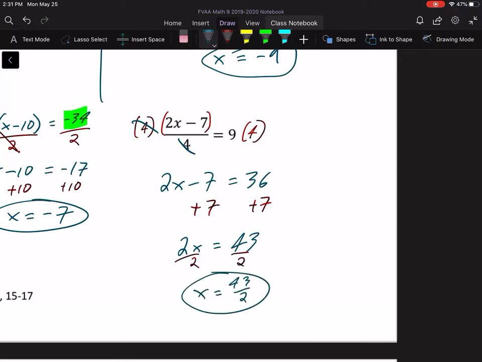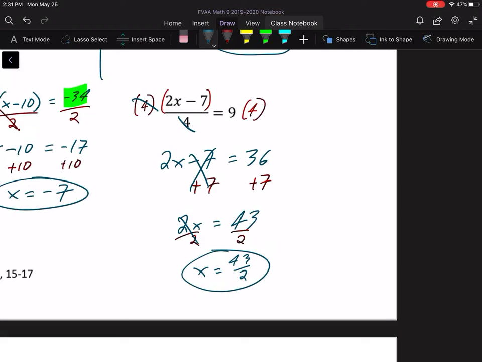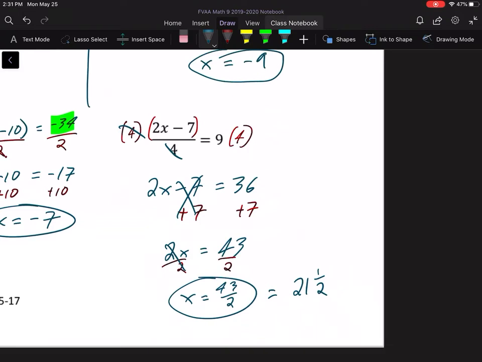I'm just going to leave it like that. For reference, it would be 21 and a half, that would be the mixed fraction answer.